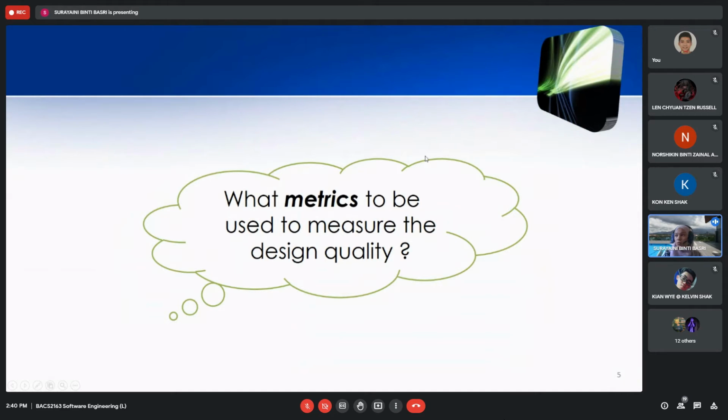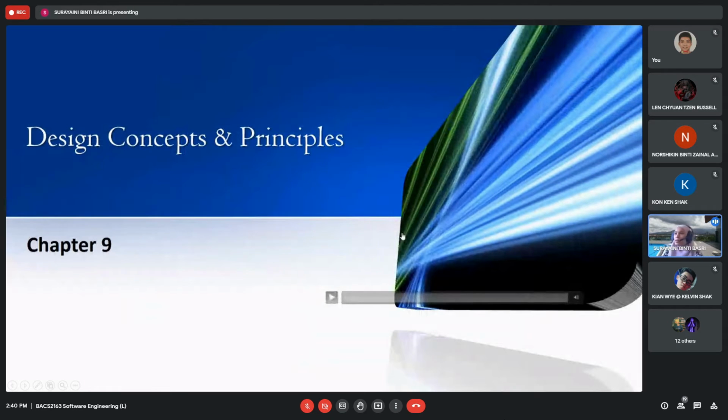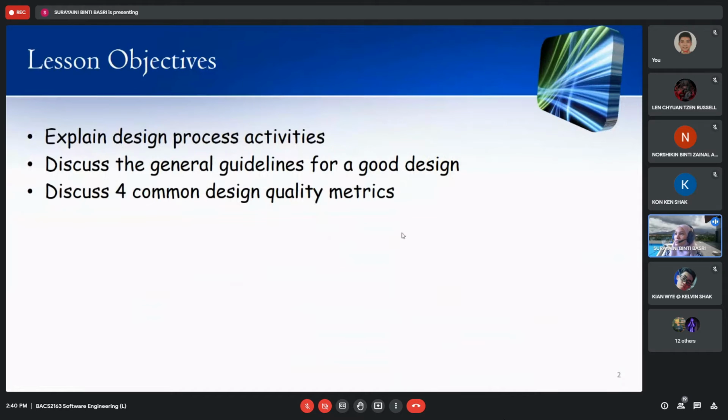Okay, so design concept and principle. In this chapter, we will learn about a few topics. First is the design process activity, and then after that, we will learn about some general guidelines of how to develop a good design.